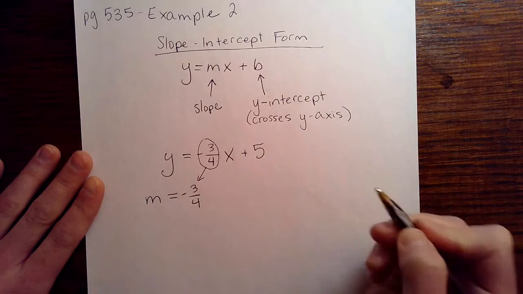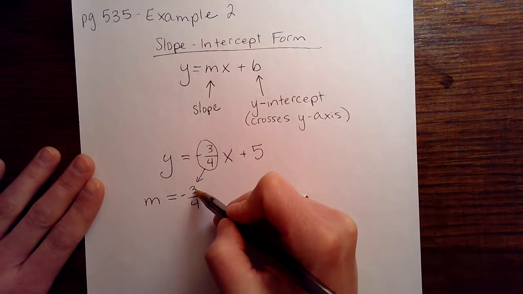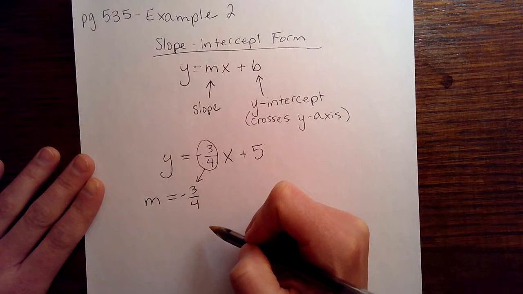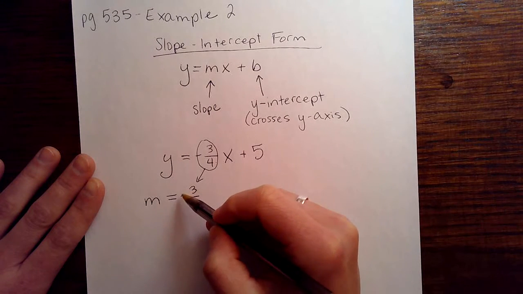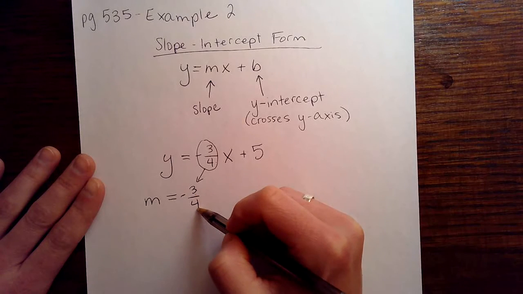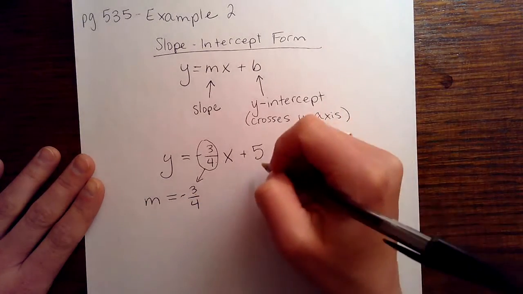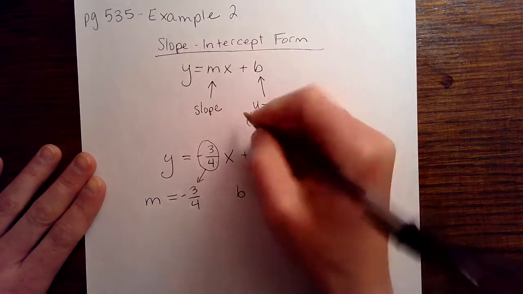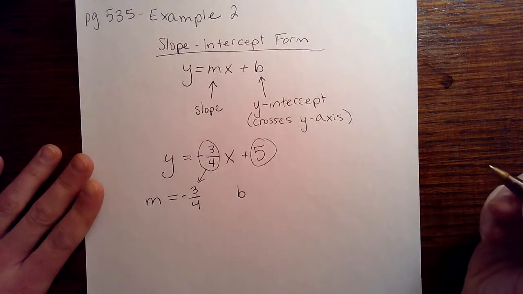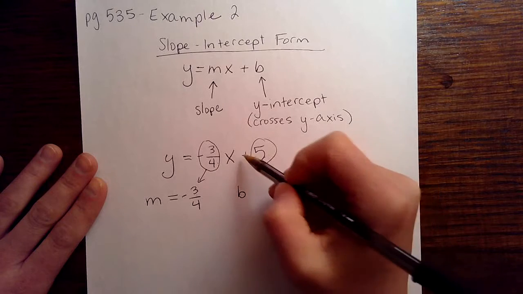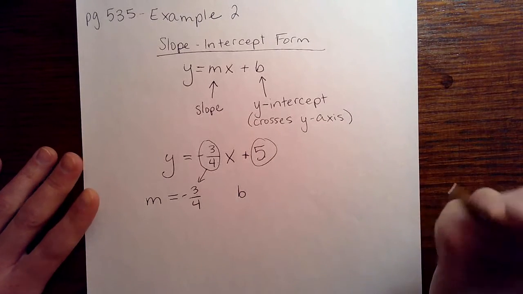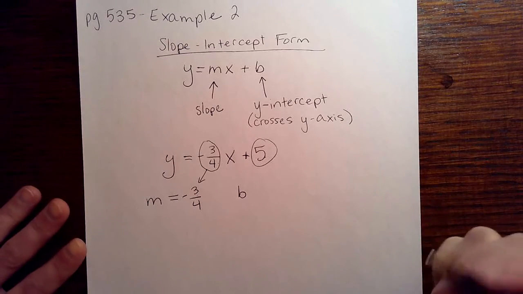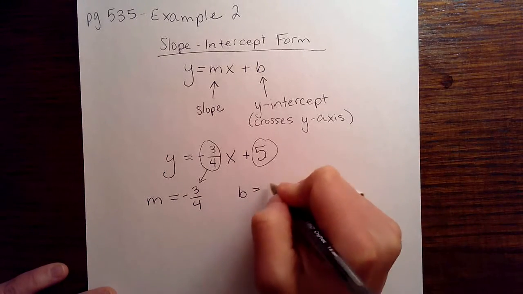Remembering what we learned last week, if I were to ask what that negative 3/4 means, it means from one point to the next, I go down 3 and over 4. And then the y-intercept, b, comes from this number 5. I know it's positive 5 because of this plus. If I had a subtraction or plus a negative, I might have something different.